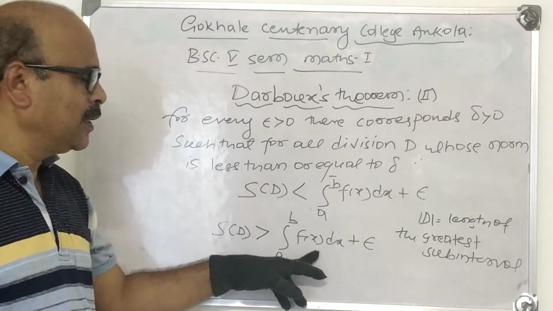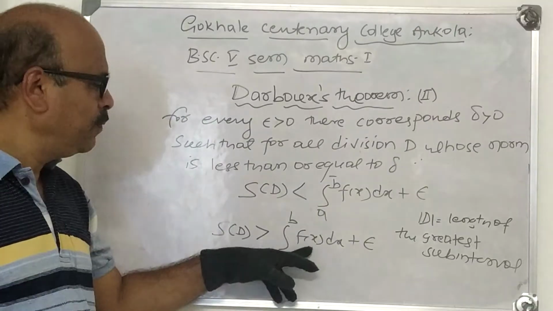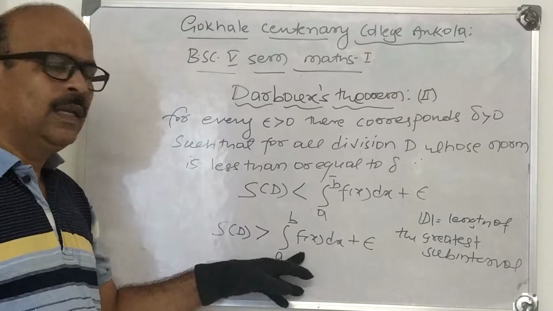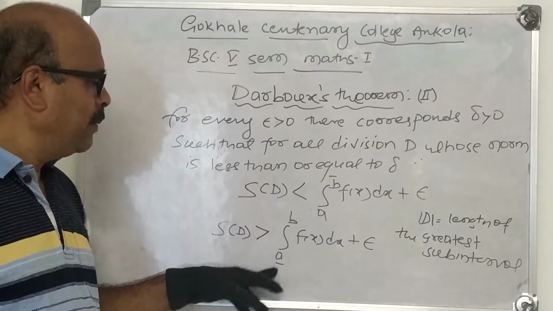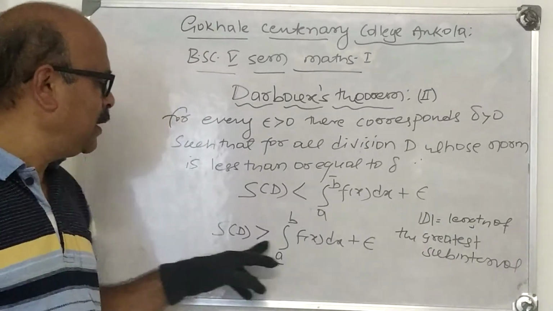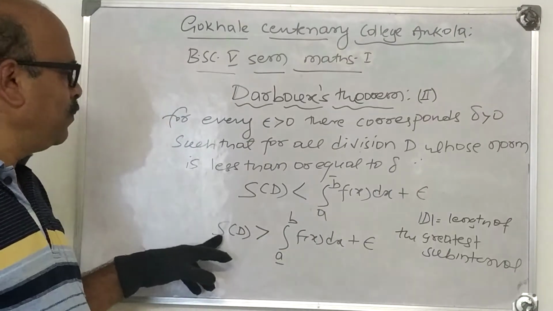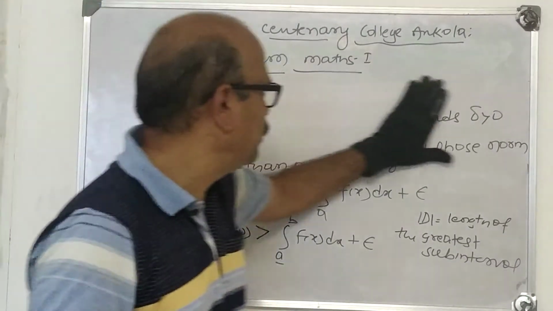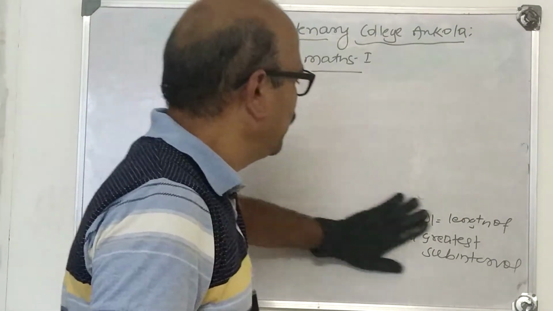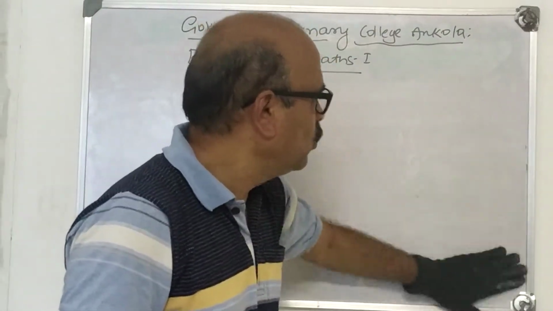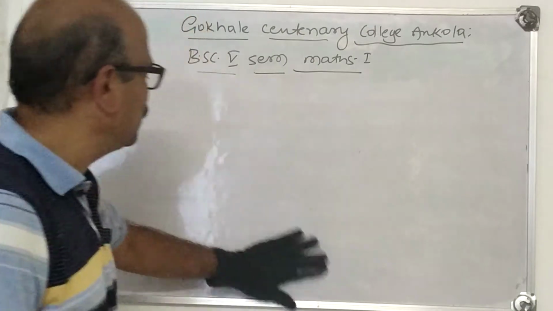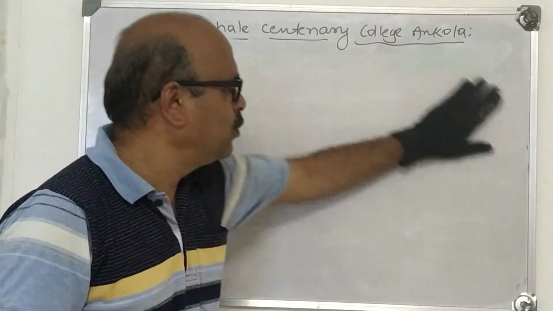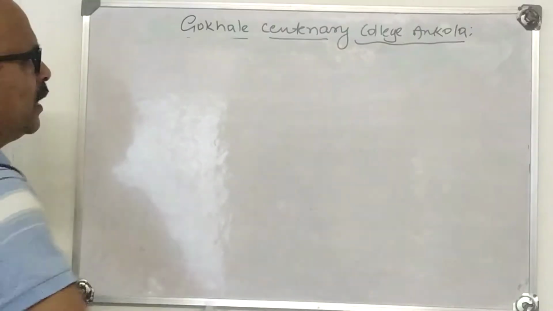And the lower integral of f(x) dx is the supremum of the set of lower sums. Supremum means least upper bound. So the lower integral minus epsilon is less than small s(D). These two are called Darboux's theorems. And in your syllabus, proof of these is not there, but we make use of these two theorems while proving many results.